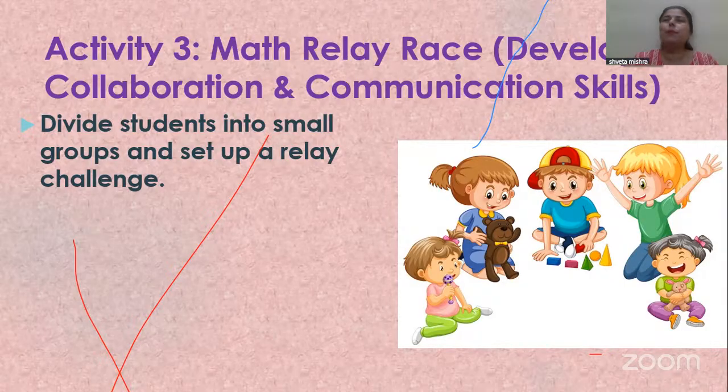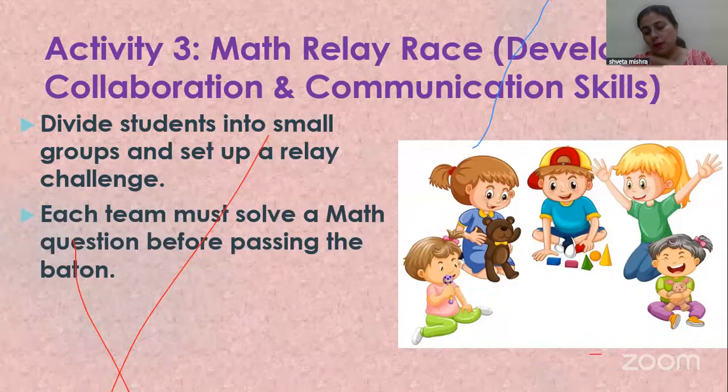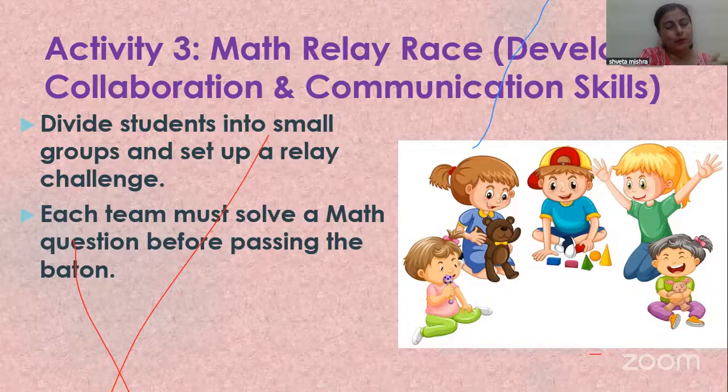Maybe we can prepare a set of 3 to 4 relay places. Each team must solve a math question before passing the baton. At every barrier where they're standing, they need to solve a question and pass the baton only after they have solved it.